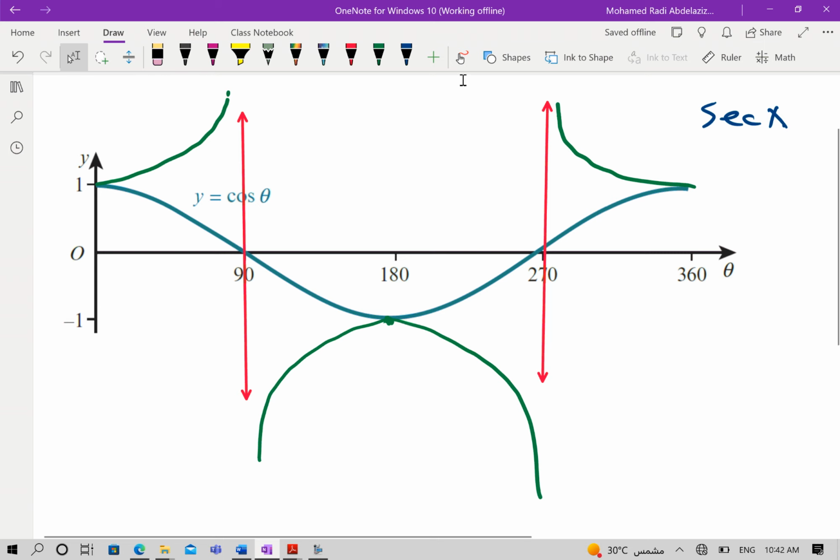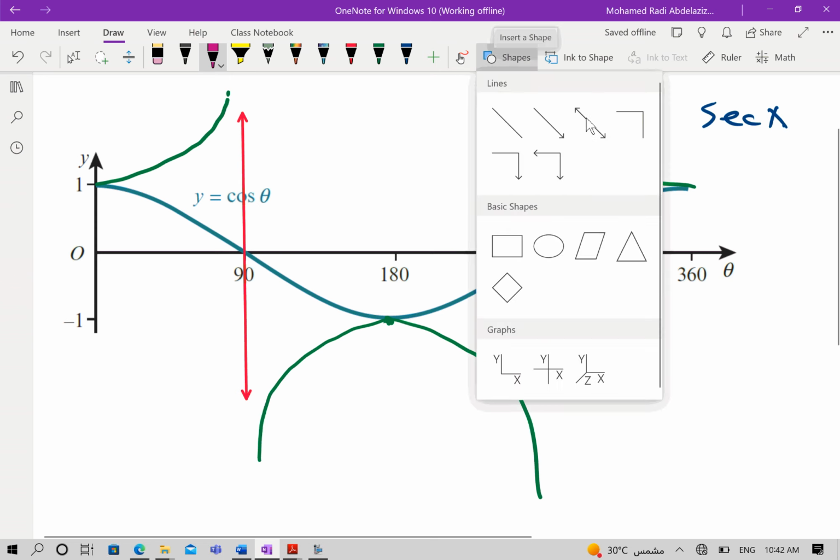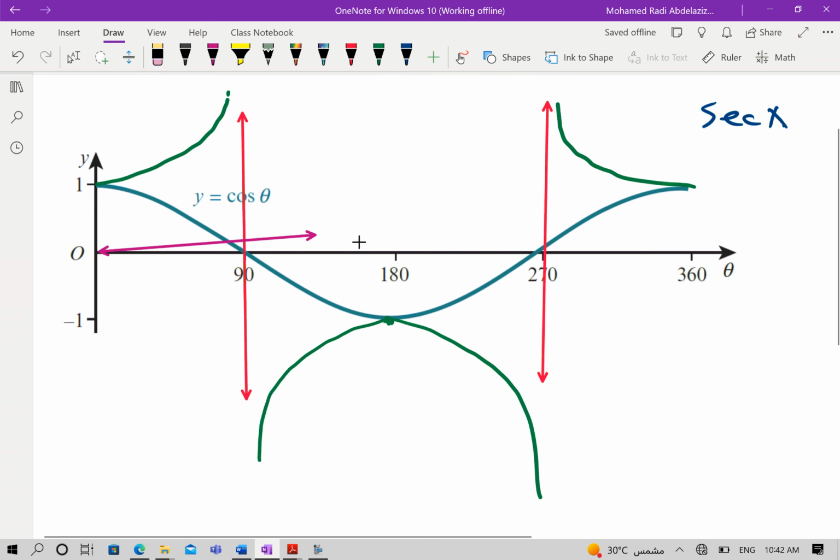Now, if we remove the graph of cosine, you will get the graph of sec, with this as the x-axis and this as the y-axis.